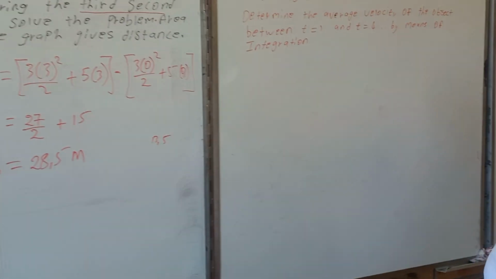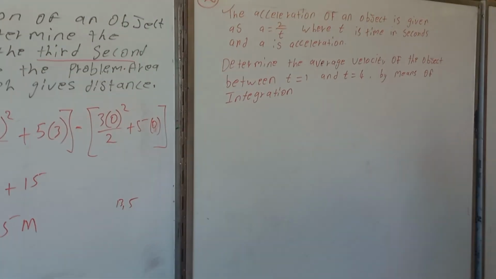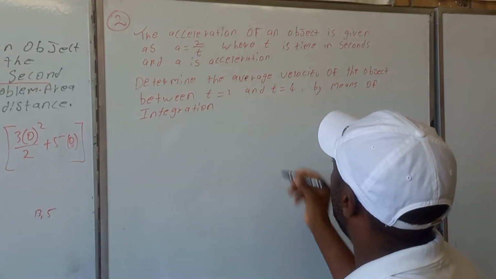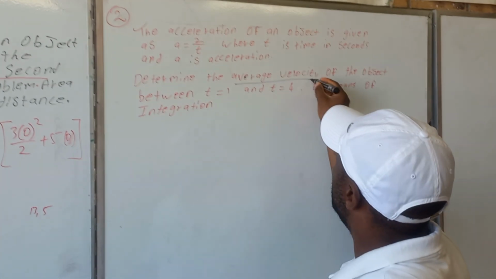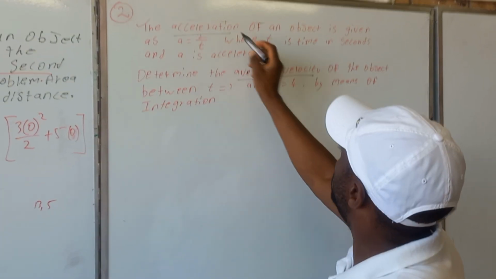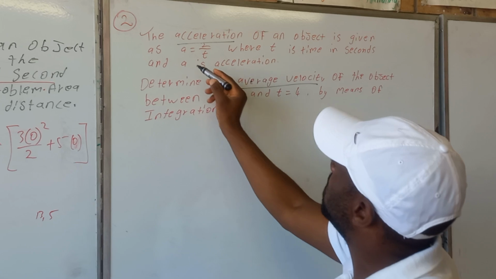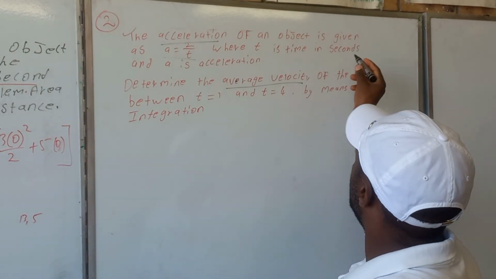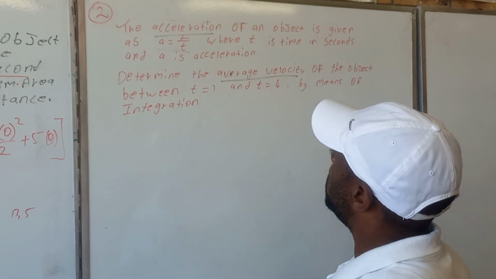Now let's switch over and look at one problem that is asking us to calculate the velocity. If we are determining the velocity, it means the acceleration equation must be given to you. We're told that the acceleration equation of an object is given as a equal to 2 over t, where t is time in seconds and a is the acceleration.